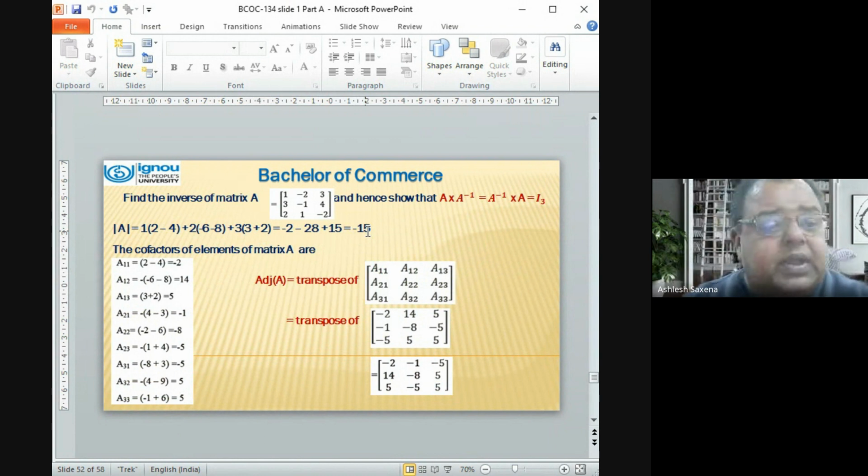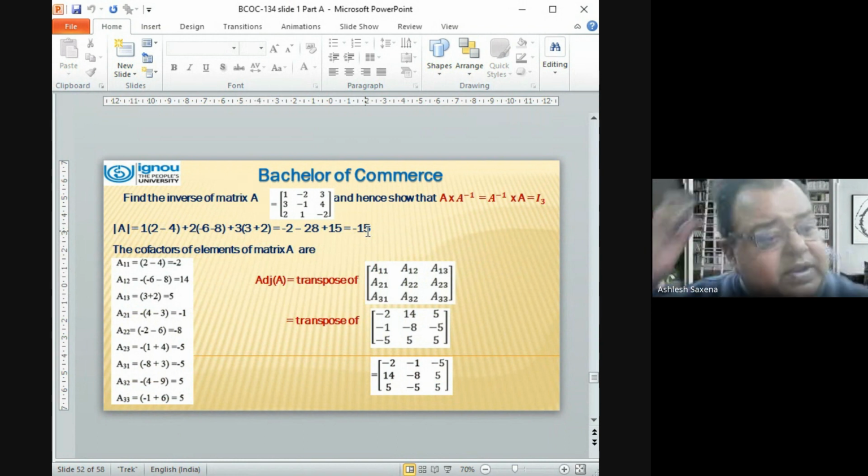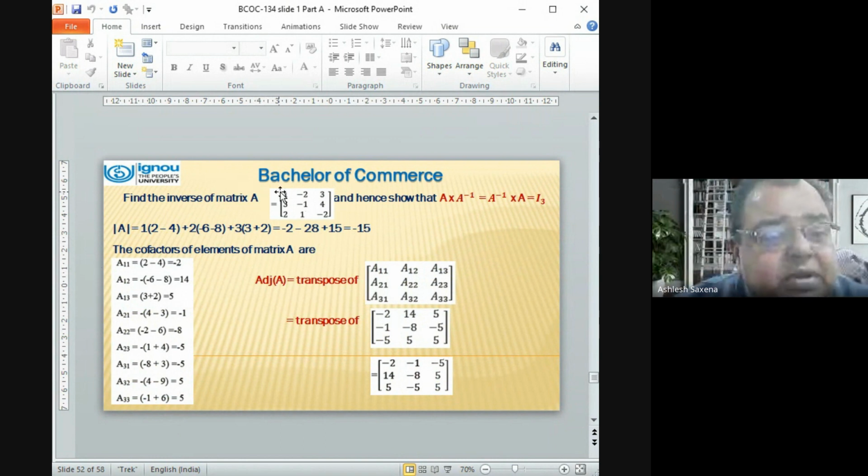Now, first step is to calculate the adjoint. What will we be doing? You can see over here, the calculation has been done. Here, A11: you will remove this row and column. You are left with this part. We will be multiplying these two minus multiplication of these two. So this will be 2 minus 4. It will be minus 2.